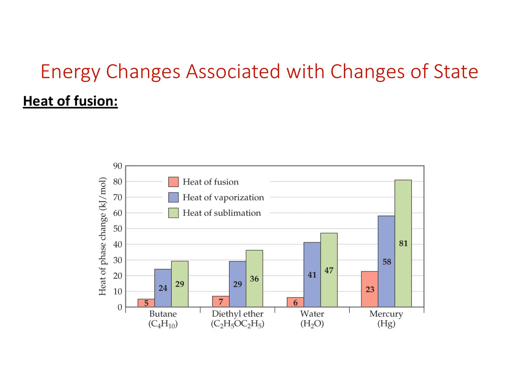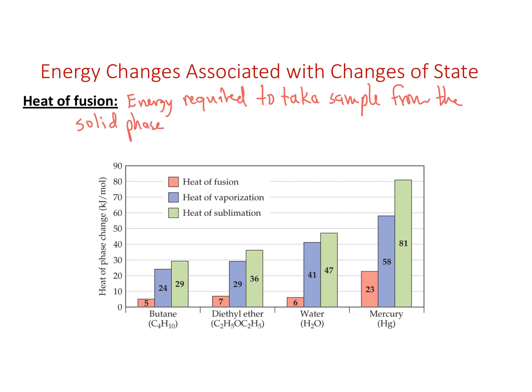So let's take a look at the first transition, the heat of fusion, and that's the energy required to take a sample from the solid phase into the liquid phase.